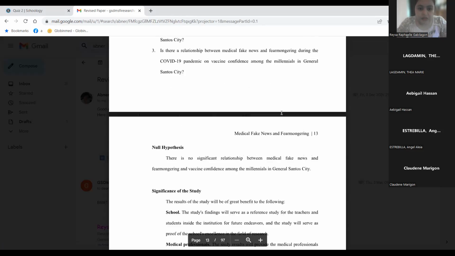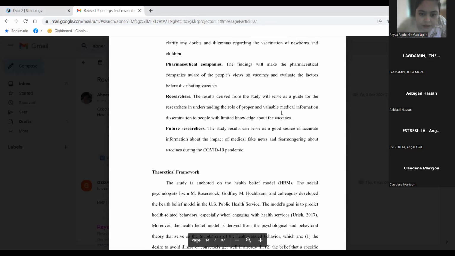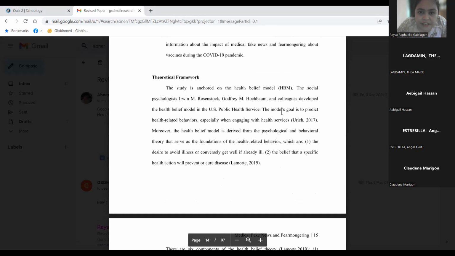And then, ayan, SOP. Okay. And then this is the theoretical framework. What is their theory here? It's the health belief model. It's actually a psychological model again. So mostly sa mababasa nyo, psychological model or psychological theory. Ano itong health belief model?